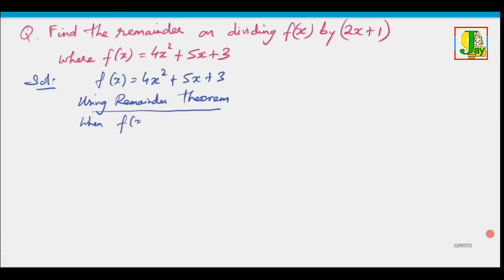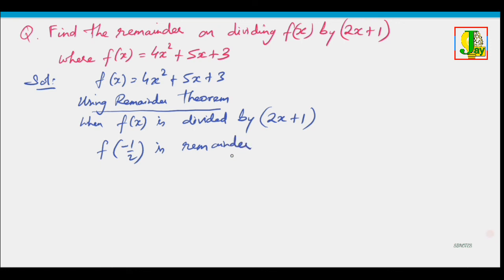When f(x) is divided by 2x plus 1, then f of minus 1 by 2, if you equate this to 0, so x will be equal to minus 1 by 2. So f of minus 1 by 2 is the remainder.